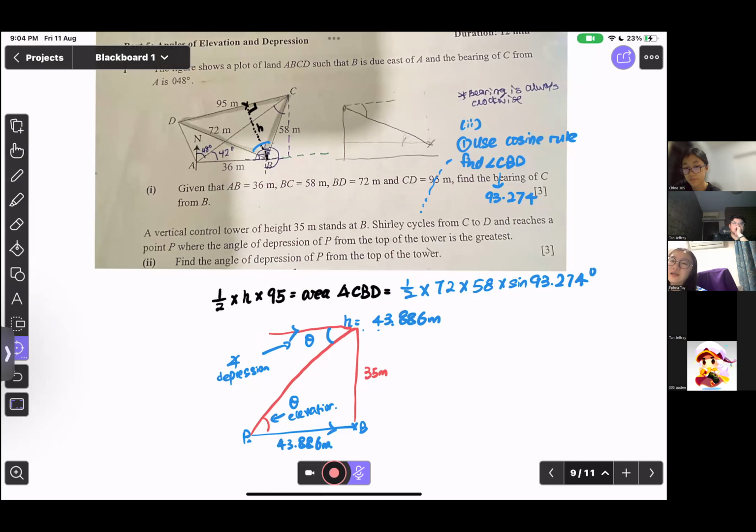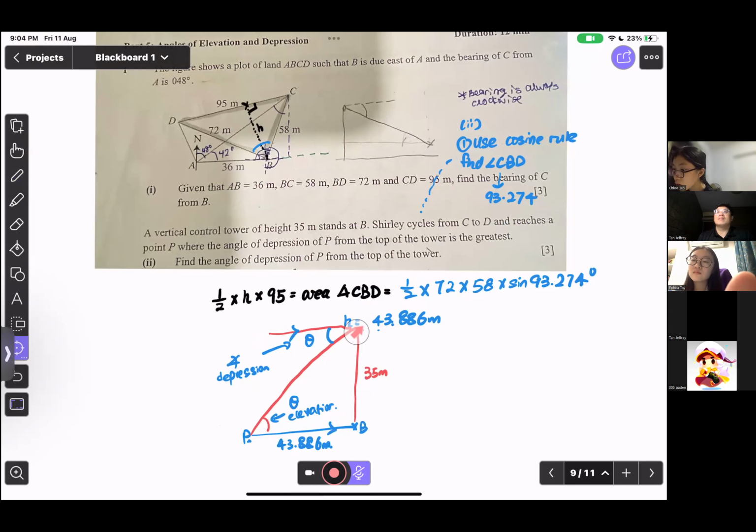So after finding H, we can use H to find theta. Yes, so after I find H, imagine you are like a helicopter flying in the sky. H is like a straight line on the floor. Then you're here, and you see H is like here on the floor. Then you are like 35 meters above ground.